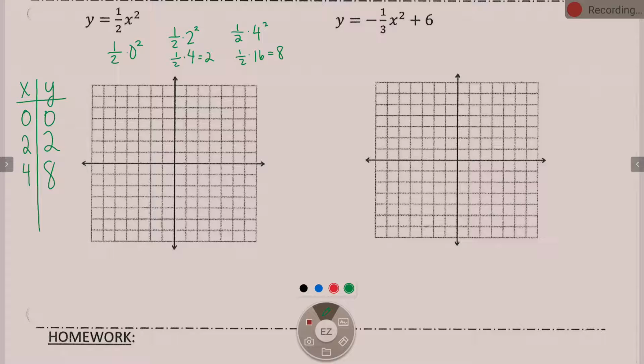Okay, so if you haven't already graphed it, graph it. 0, 0, 2, 2. Right 2, up 2. Right 4, up 8. These are some old graphs because I always now use 10 by 10 graphs. Okay, there's the right side of my graph.